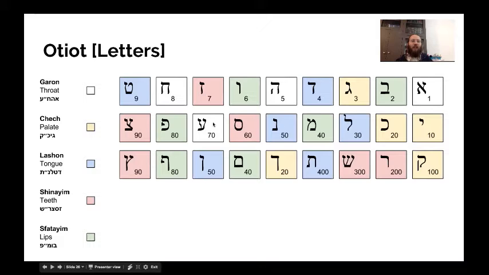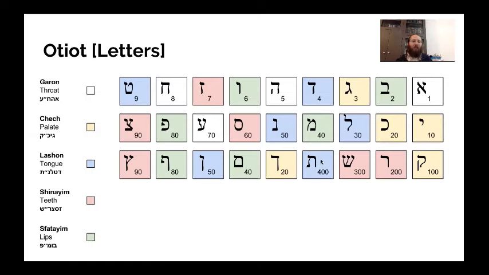Then we've got the letters that come from the chech, the palate, and those are gimel, yud, kaf, and kuf. And you've also got the chaf sofit. Then from the lashon, the tongue, that is daled, tet, lamed, nun, and taf.